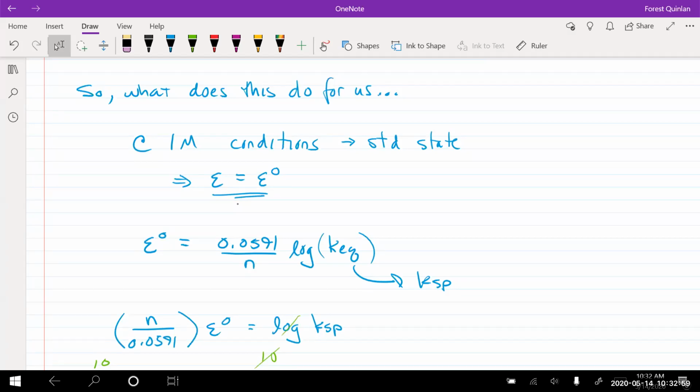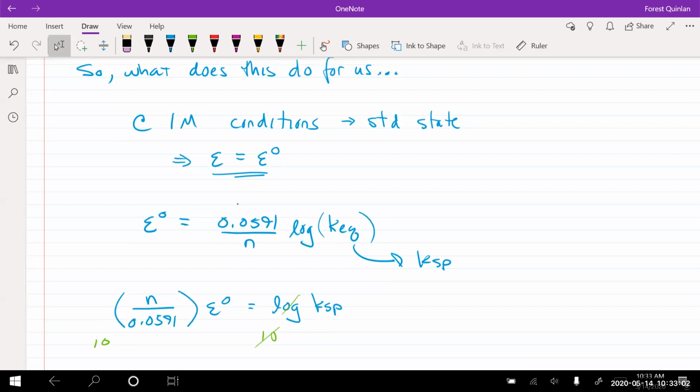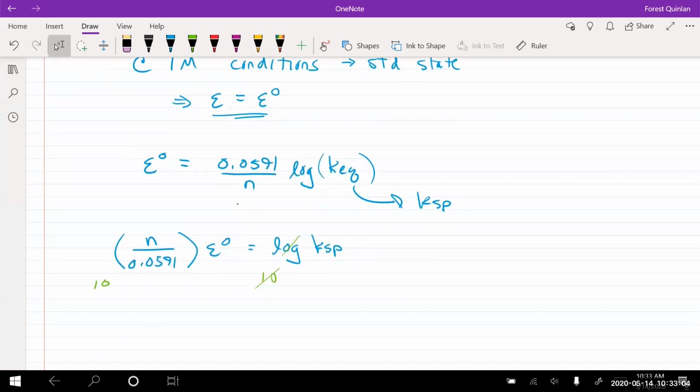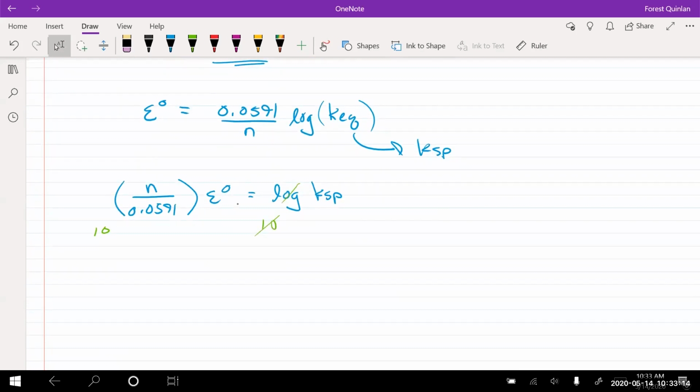By doing it at standard state, we can make sure that E equals E naught. And when we're at that, we are going to actually change the Q to the KEQ, in our case a KSP, because it's the solubility product. We'll go ahead and raise 10 to both sides to get rid of the log portion. And so now we have 10 to the n over 0.0591 times E naught is equal to the KSP.